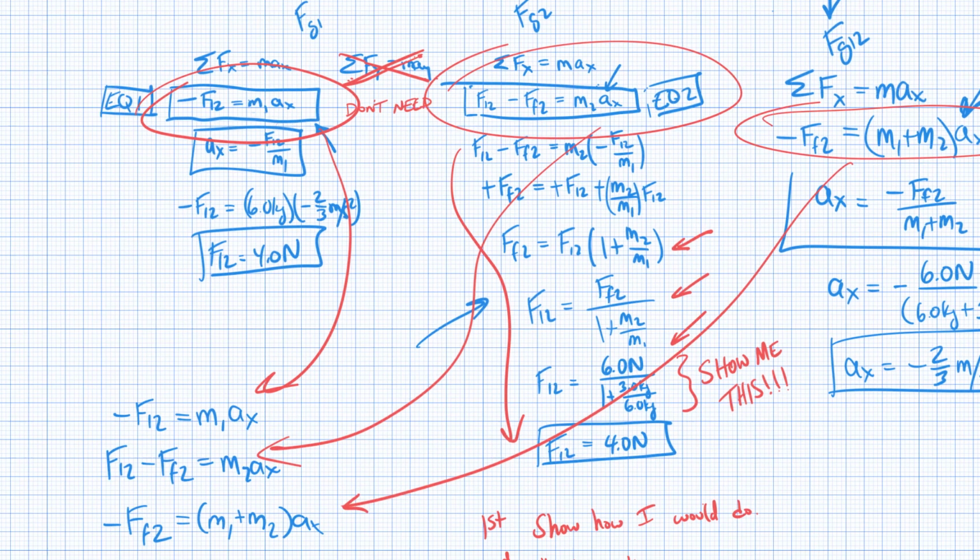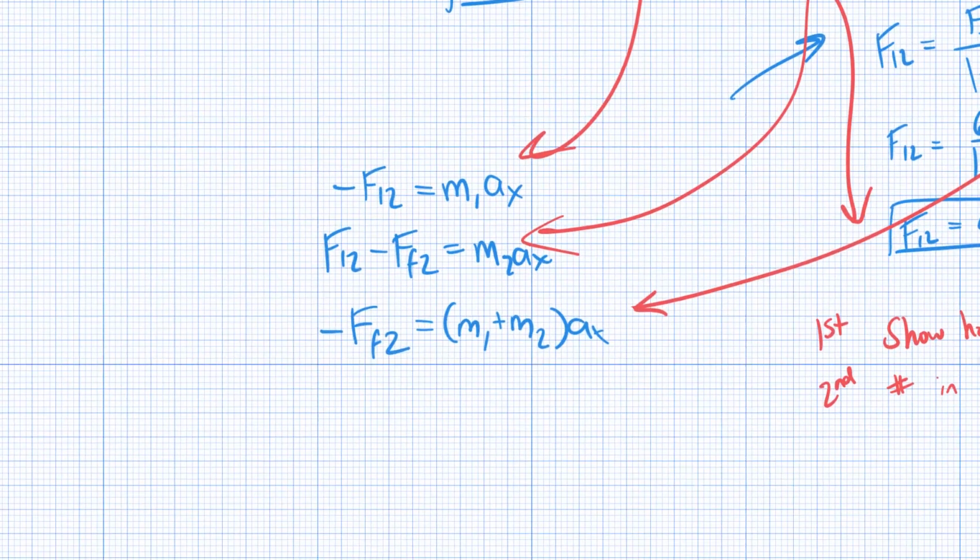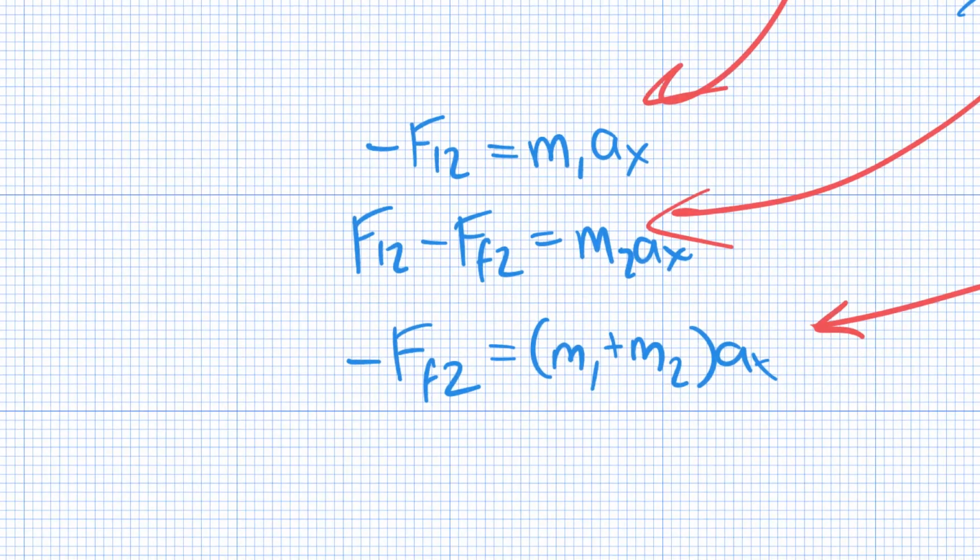This is heady stuff for a high school class, right? But if we look at all 3 of our equations, this is equation 1. It came from the free body diagram of box 1. This is equation 2, and it came from the free body diagram of box 2. This is equation 3. It came from the free body diagram of box 1 and 2 together.